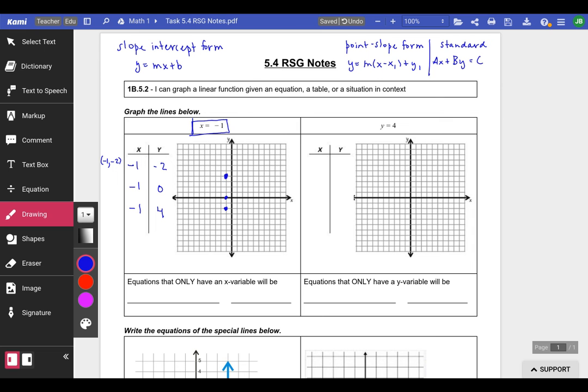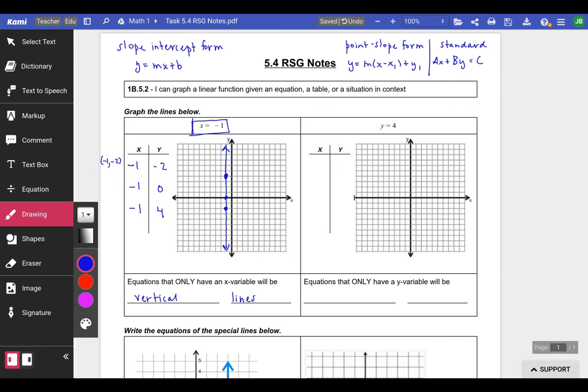So now I've got 3 points, and if I connect those, we'll see we get this line here. So the idea here is that equations that only have an x variable are going to be vertical lines. And it's going to go through the x value in that equation.